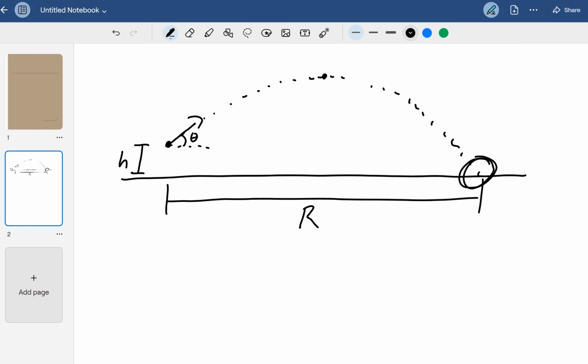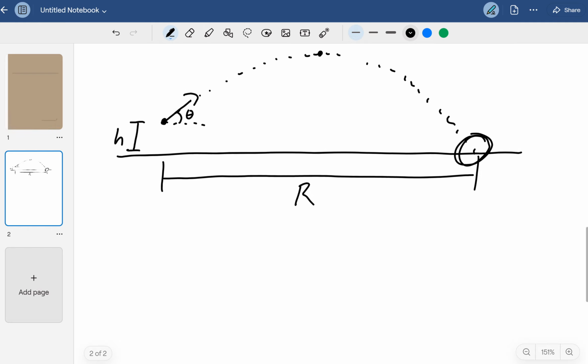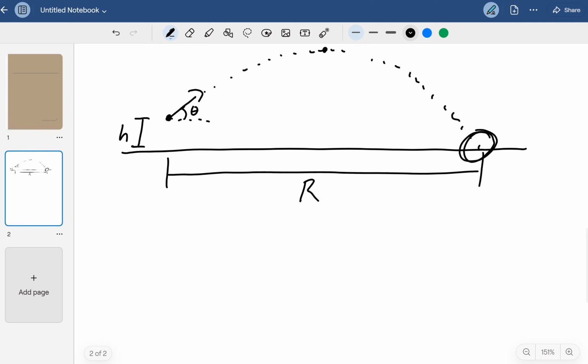One of the big predictions we like to make with projectile motion questions is how far it is going to actually go. Thinking about our equations of motion, we can write down one for the x coordinate. It's x equals the initial position plus the initial velocity in the x direction times t plus 1/2 times the acceleration in the x direction times t squared, where t represents the total time of flight, and x is going to be the range r in that case.